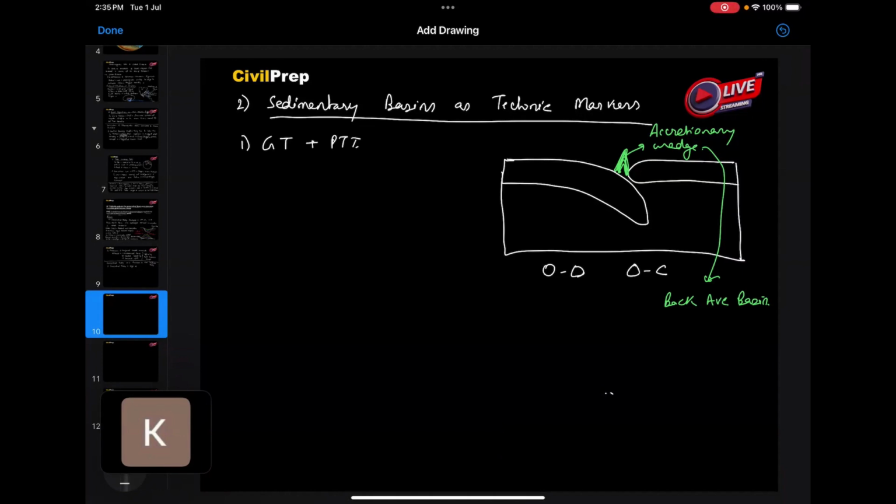So this back arc or fore arc or intermountain basin is governed by subduction and slab pull mechanism.